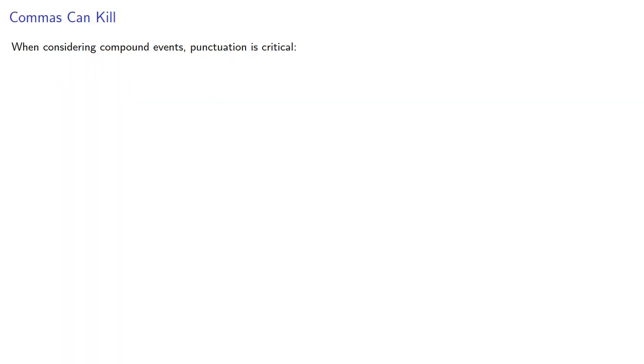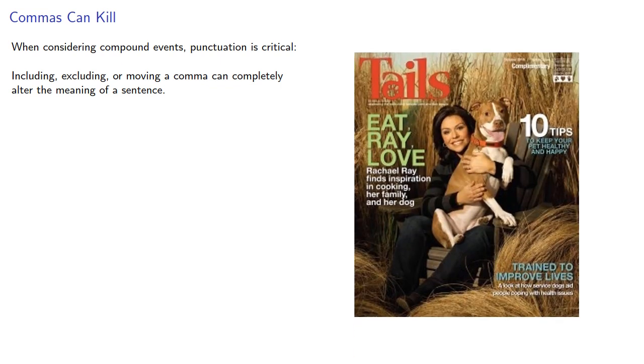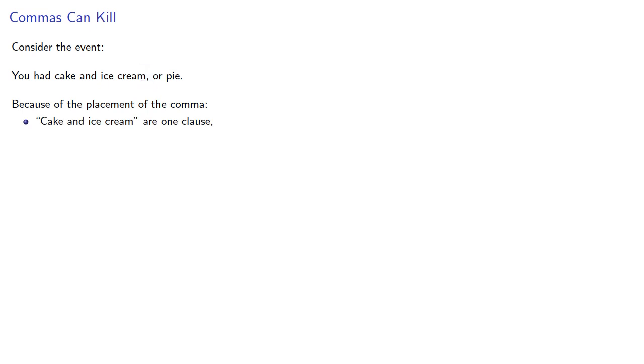When considering compound events, punctuation is critical. Including, excluding, or moving a comma can completely alter the meaning of a sentence. For example, consider the event, "you had cake and ice cream, or pie." Because of the placement of the comma, cake and ice cream are one clause, pie is another, and the "or" makes this a disjunction.